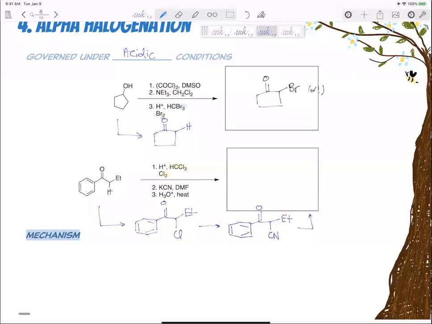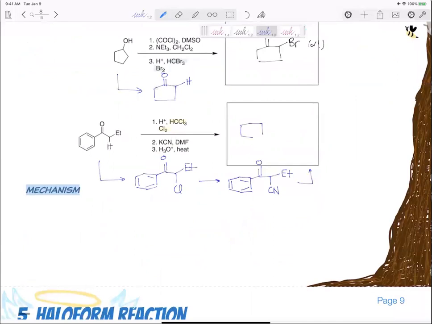Yeah, it's a hydrolysis of a nitrile. So what we get is a carboxylic acid. Right here, okay?